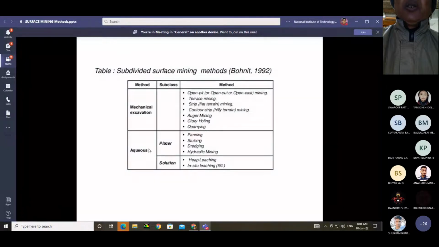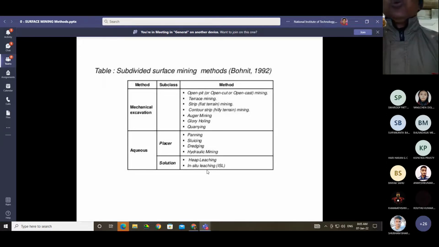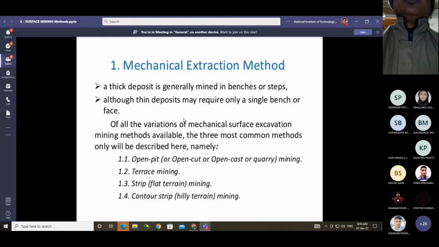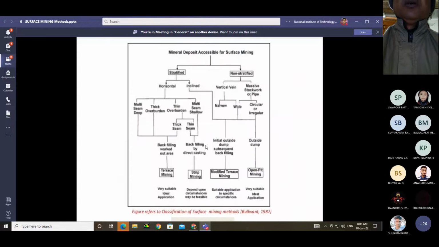The aqueous method is used for placer deposits by panning, sluicing, dredging, and hydraulicking. And also solution mining is there, which is carried out by heap leaching and in situ leaching. So we have seen the mechanical excavation methods. This figure refers to classification of surface mining methods.